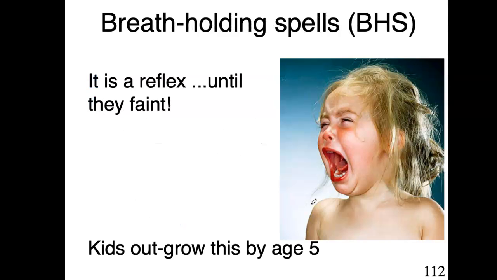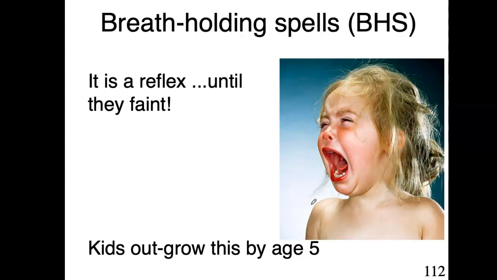This is the last slide, and this is an interesting phenomenon, not so interesting for a mom who has to live through this with her own child, which is when children go on breath holding spells, BHS as they call them. And it's actually a reflex when a kid is too absolutely angry about something, and they'll have a tantrum and they don't breathe.